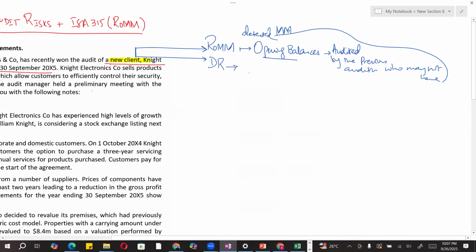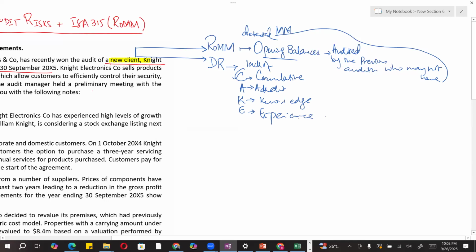Why is detection risk high? Detection risk is high because it's a new client, and so there is a lack of CAKE. There is a lack of CAKE that the current audit firm possesses with respect to the new client, that is, a lack of cumulative audit knowledge and experience.